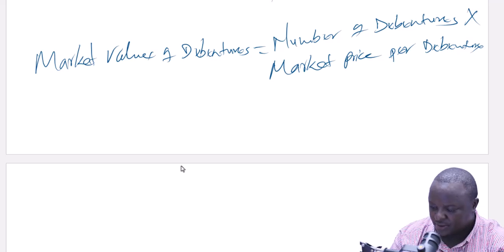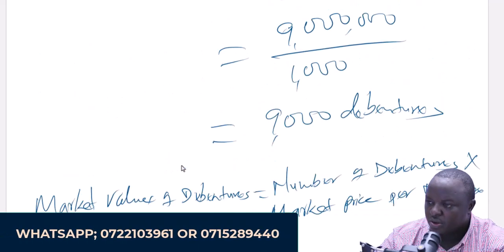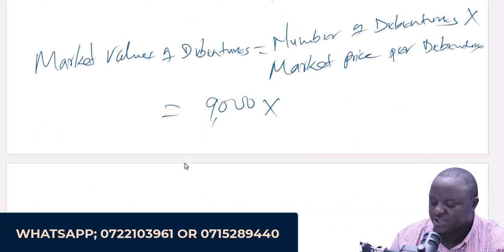We have gotten the debentures to be 9,000, and the market price per debenture to be 1,200.